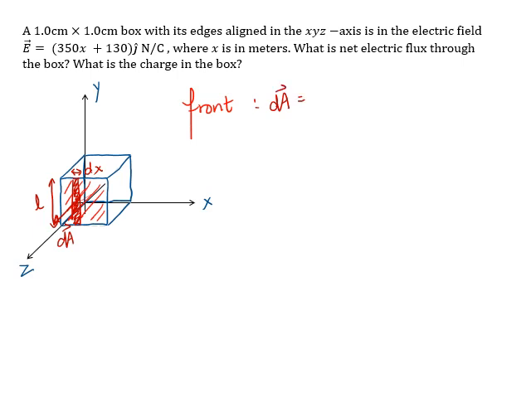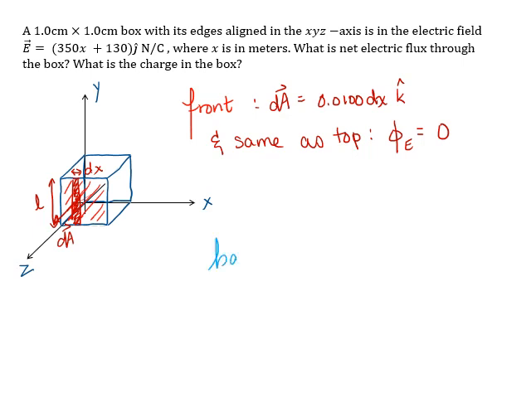It has a magnitude of length times width, 0.01 meters times dx, and the direction is in the plus z direction, k hat. From there, everything else is the same as the top. What we end up getting for our net electric flux is that eventually we have a j dot k, and we get our flux equals 0.